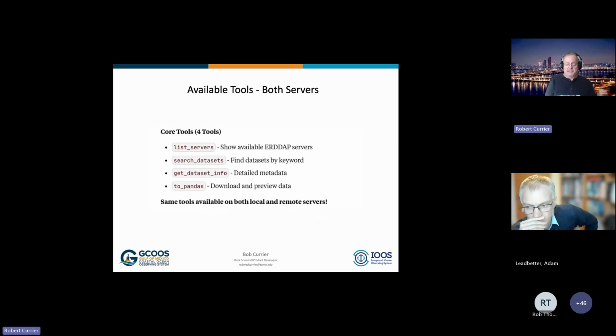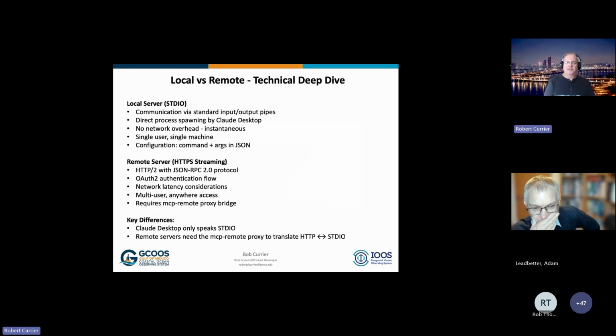It's all read access. There's no write access unless you're really brave. Giving MCP tools write access to your data is not generally a good idea because sometimes they go off and do their own thing.